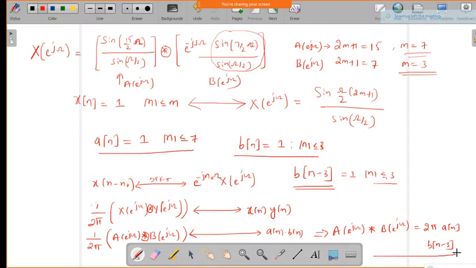This is the time domain signal, where a of n exists only for n less than or equal to 7 and b of n exists only for n less than or equal to 3. Now if you multiply the time domain signals, you will get the corresponding result for these values of n. So this is how to find the time domain signal.